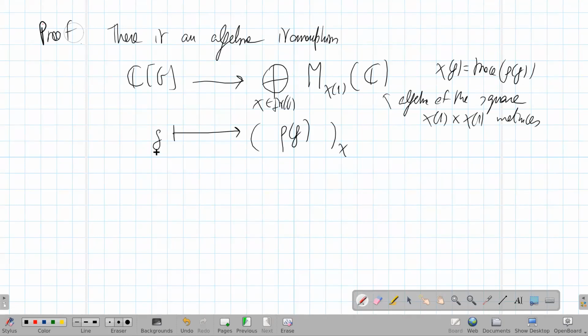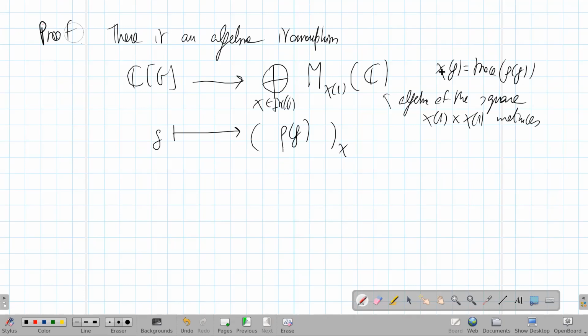So g goes into a tuple which at the position chi in this sum has rho of g, rho being a representation that affords chi.